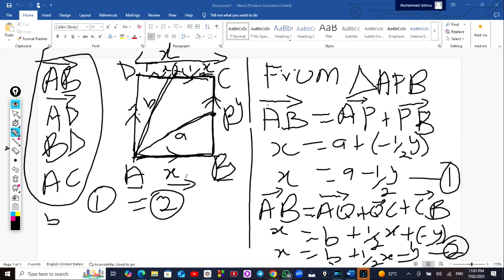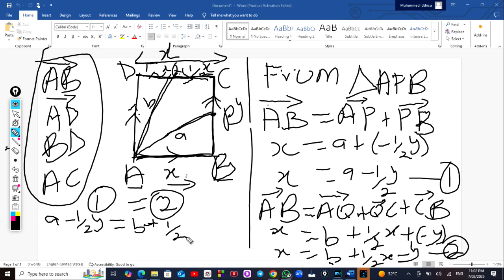Equation 1 is A minus half Y is equal to equation 2.